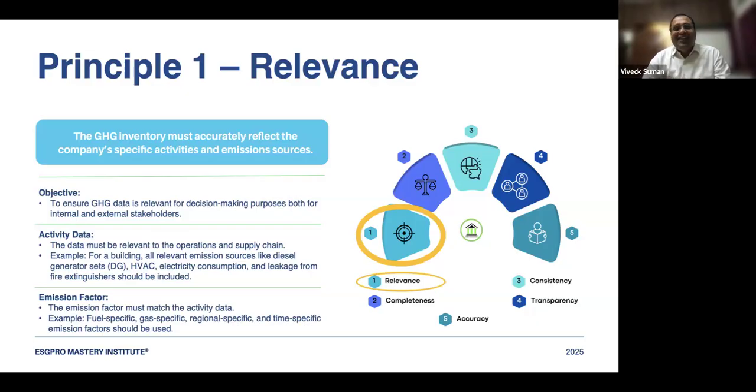But yes, if I am doing cycling and coming to my office, I need to make sure that the GHG calculation here must contain information which internal and external users require. So I have done cycling and I have not clarified whether it is battery operated or pedalling operated.